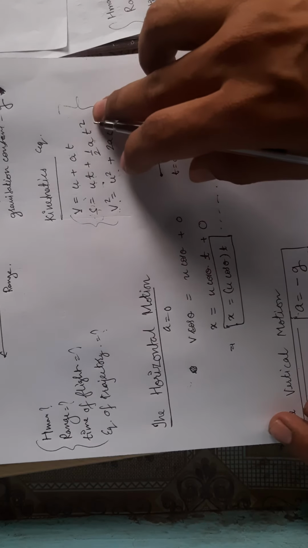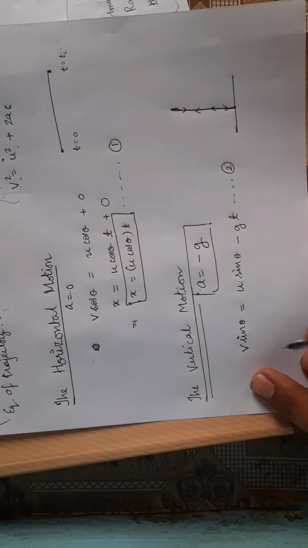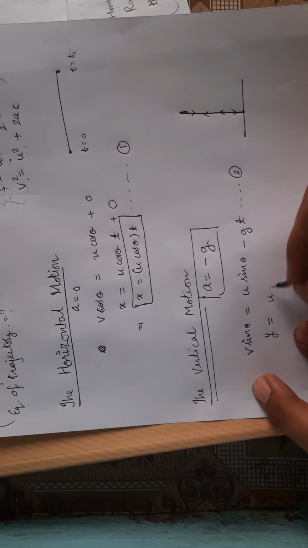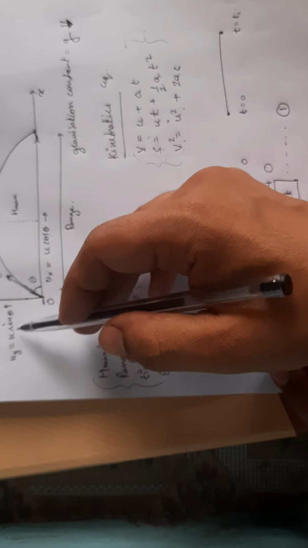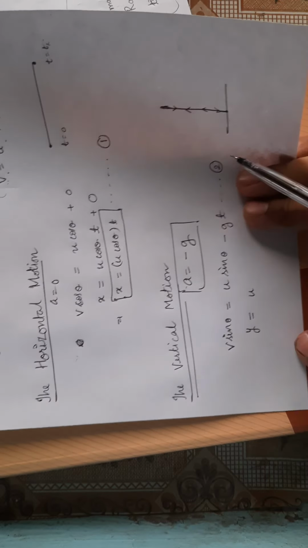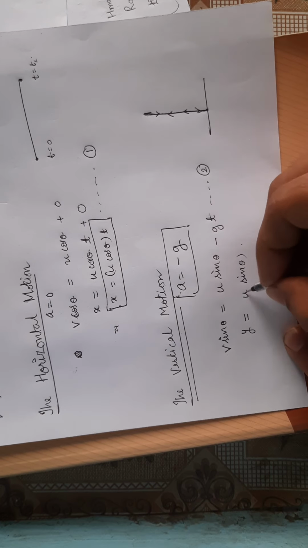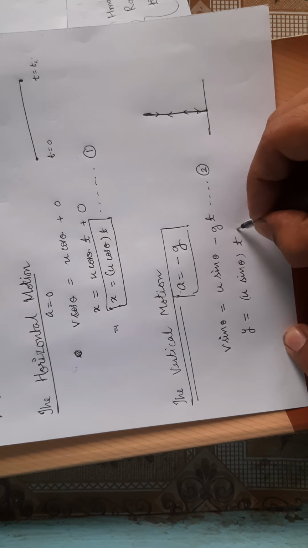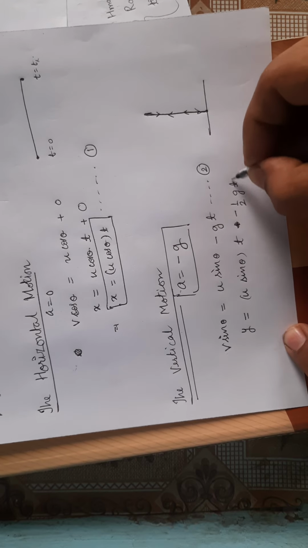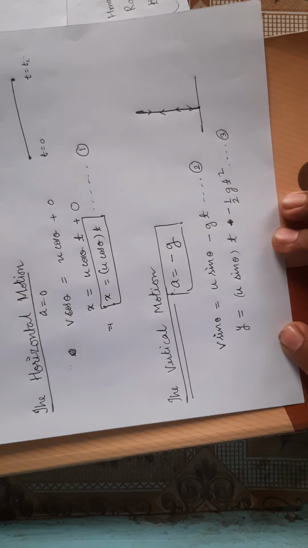Second equation, s is equal to ut plus half at square, and s is the displacement in the y direction, so we can take s as y. So y is equal to u, the initial velocity, and the initial velocity of our particle is u sin theta. So y is equal to u sin theta into t minus half g t square, which is given the name equation number 3.